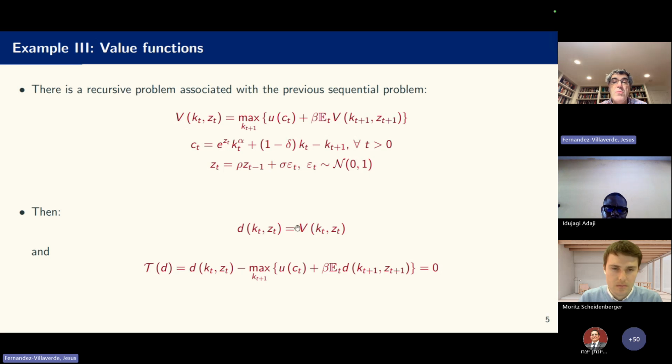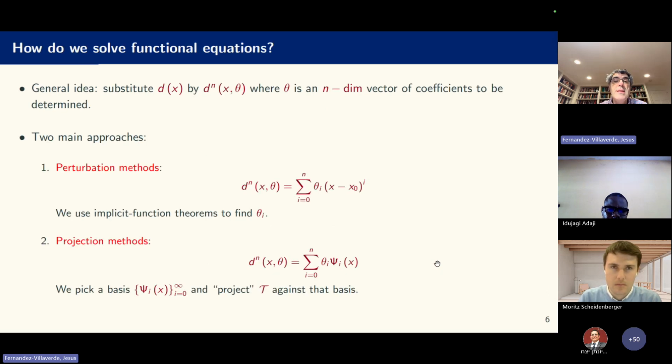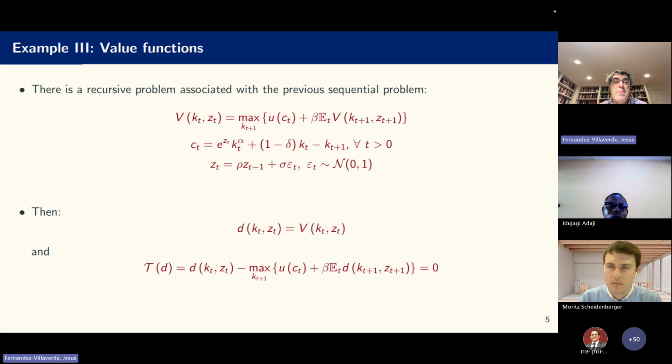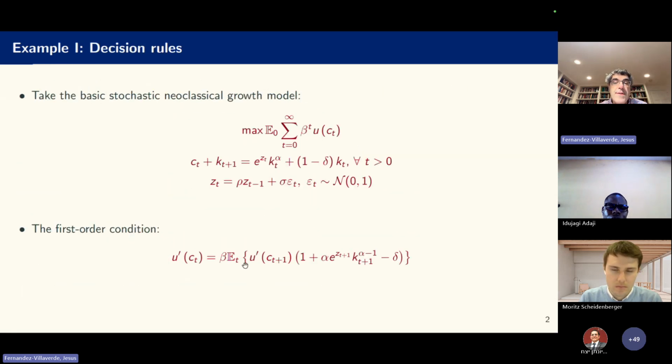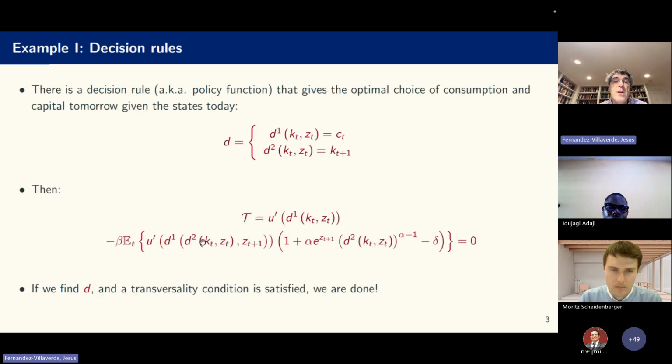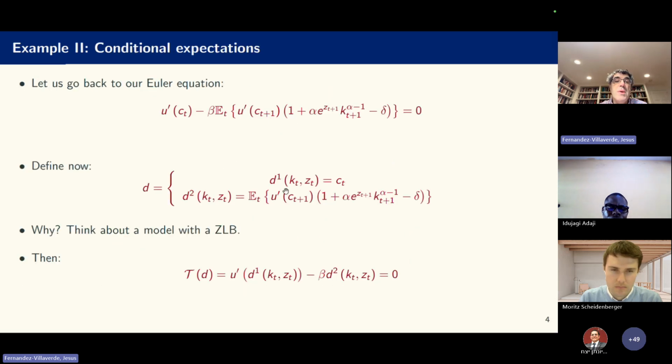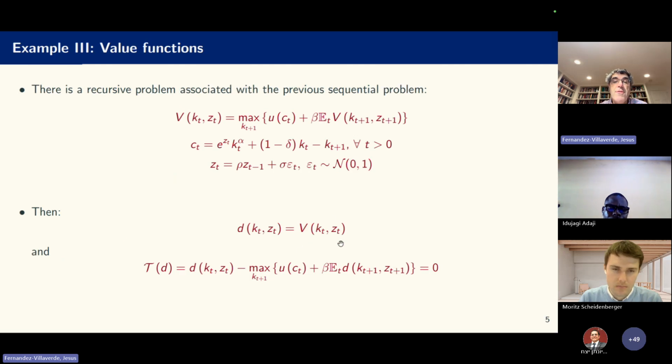D now is going to be the value function, and we are looking for the value function such that the left-hand side and the right-hand side of the Bellman equation are equal, and then we get a 0. What these three examples share is the general point that, look, you are either looking to solve a first order condition, or you are looking for solving a conditional expectation, or you are looking for solving a value function.